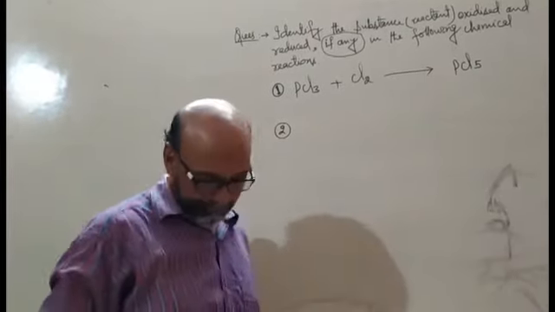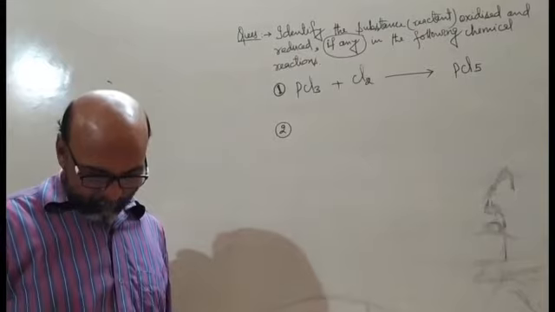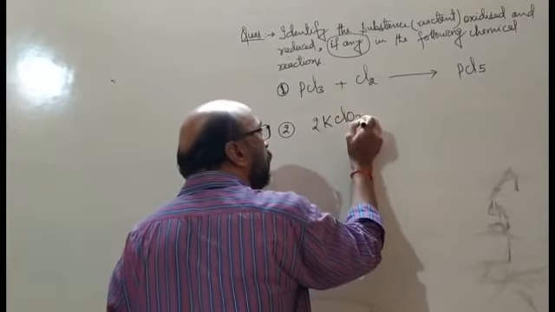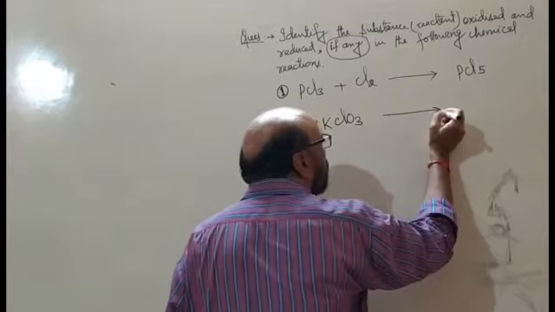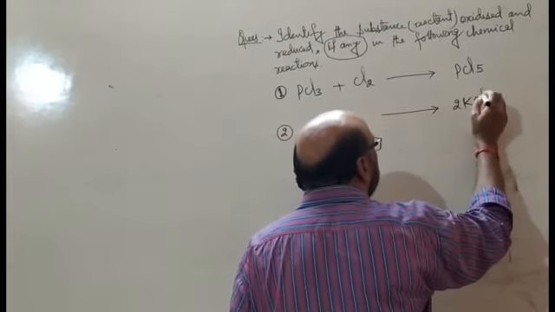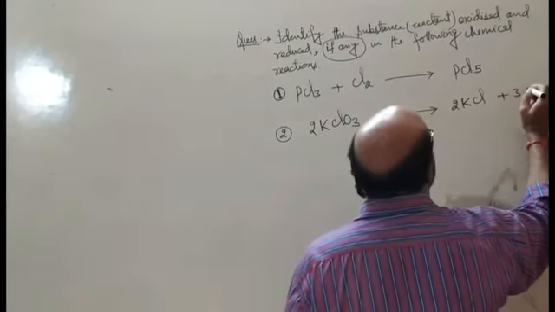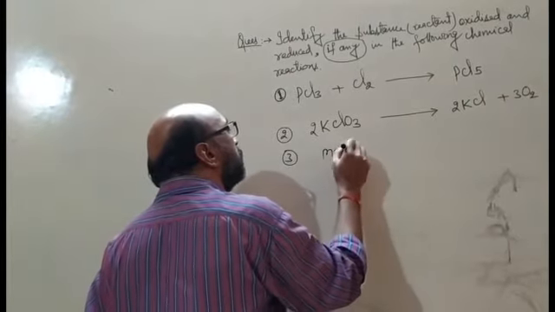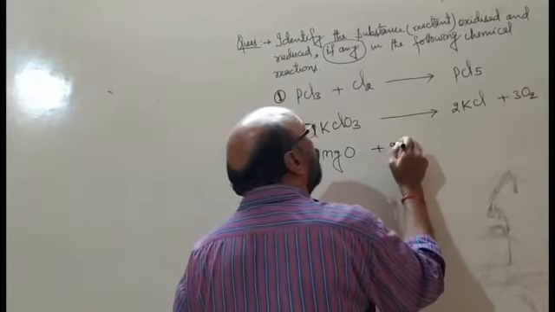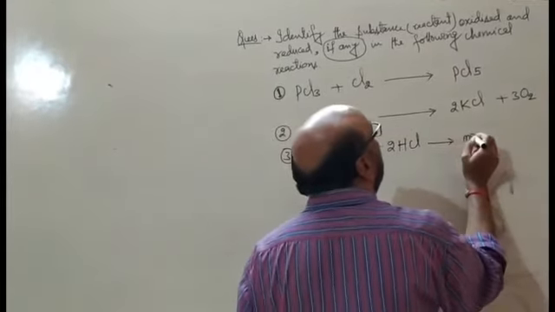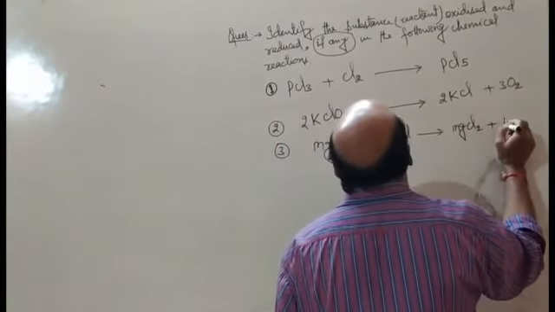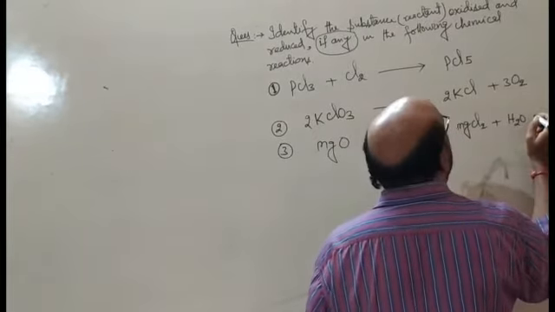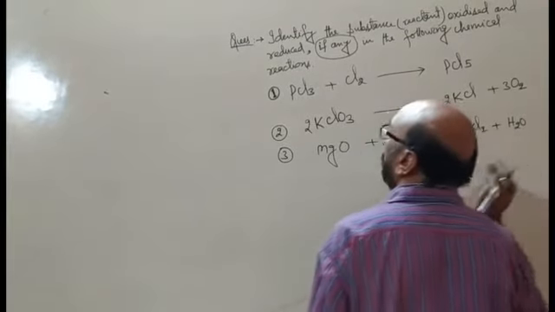Second question, we can write 2KClO3, potassium chlorate, undergoes decomposition reaction to form 2KCl plus 3O2. Third, magnesium oxide plus hydrochloric acid to form magnesium chloride plus water.